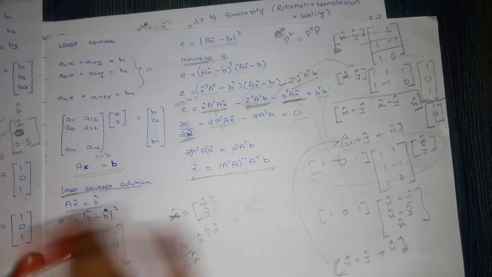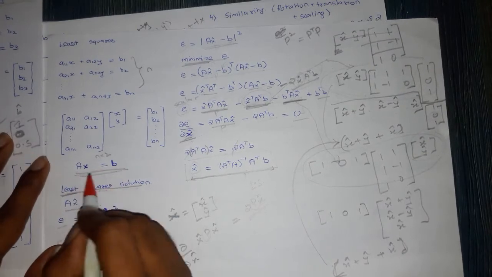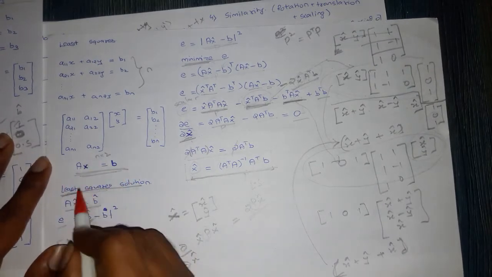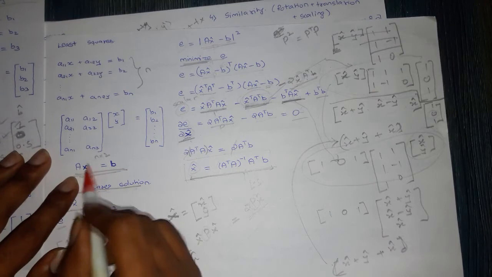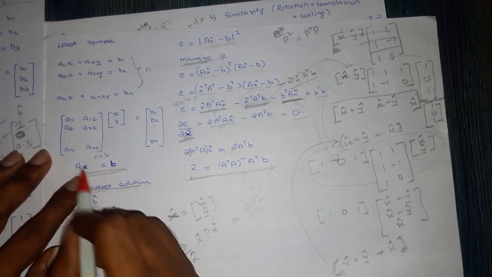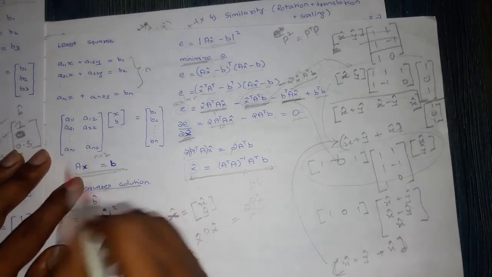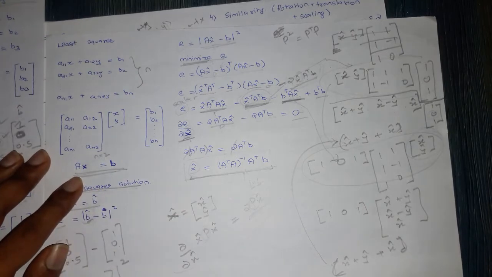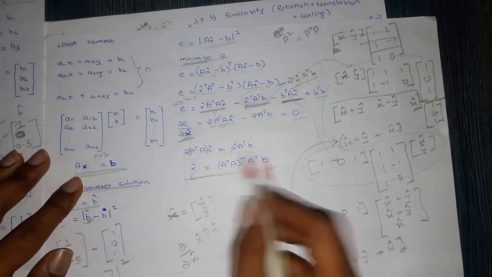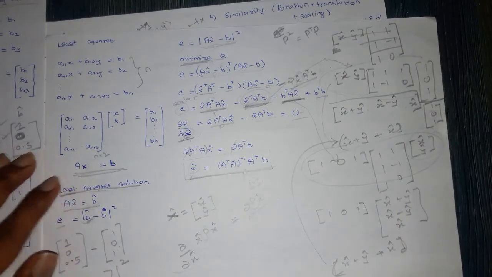So if I have any equation like Ax = b, I can find an x which is closest to this particular equation by this basic simple formula that we have over here.